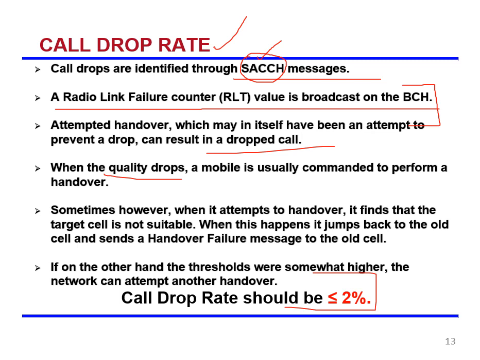Quality means the C/I ratio, carrier to interference ratio, is reduced. So call drops may be because of coverage: let us say coverage reduced, call drops. Quality reduced, call drops. These are to be addressed. To improve the coverage, antenna parameters are to be adjusted.